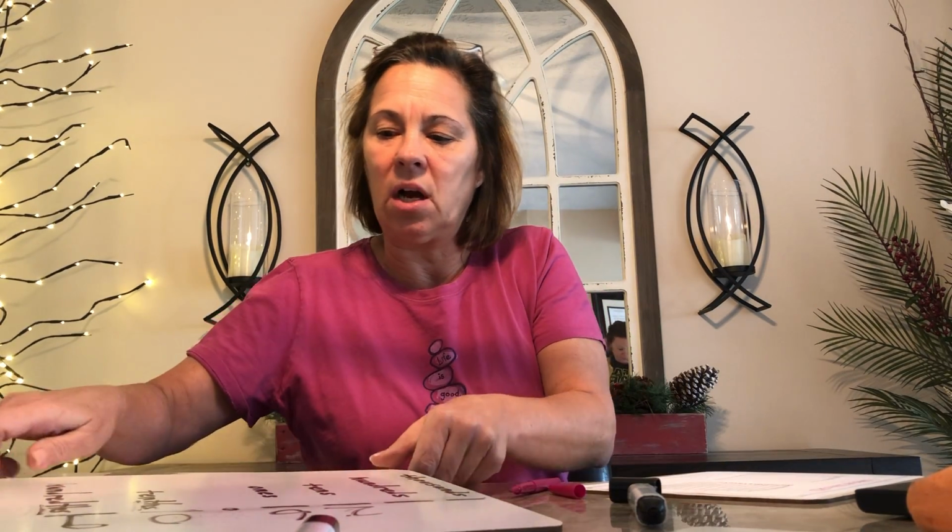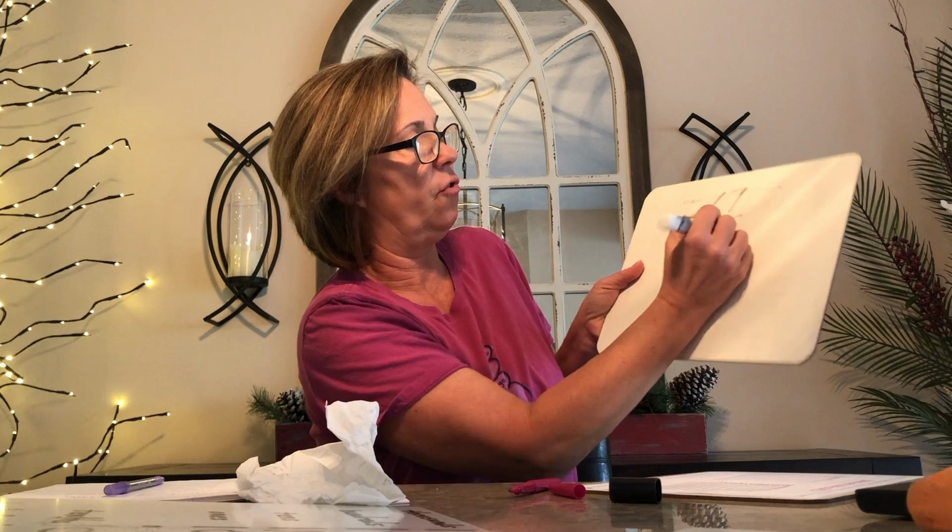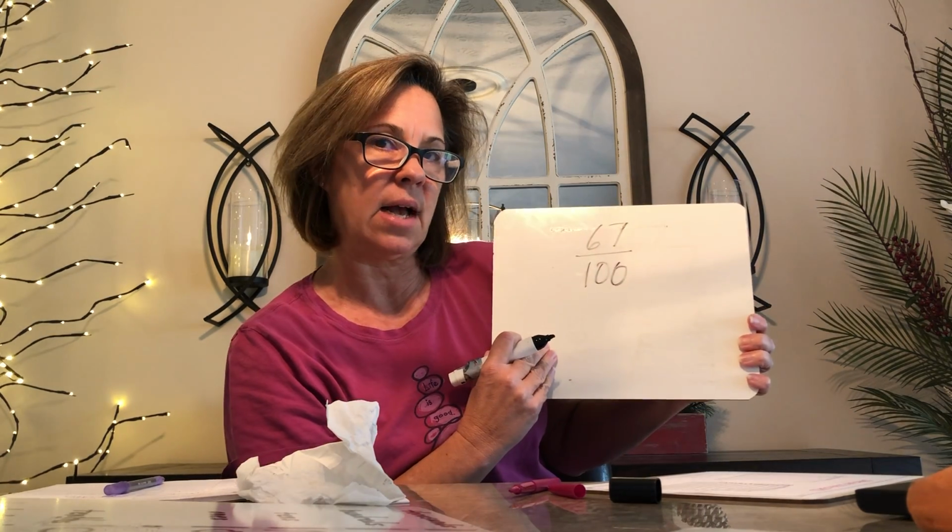The last part of our video here today, we're going to talk about converting decimals, which is a little bit of what I just did. But let's say I have a fraction that says 67 over 100. How do you write that as a decimal?